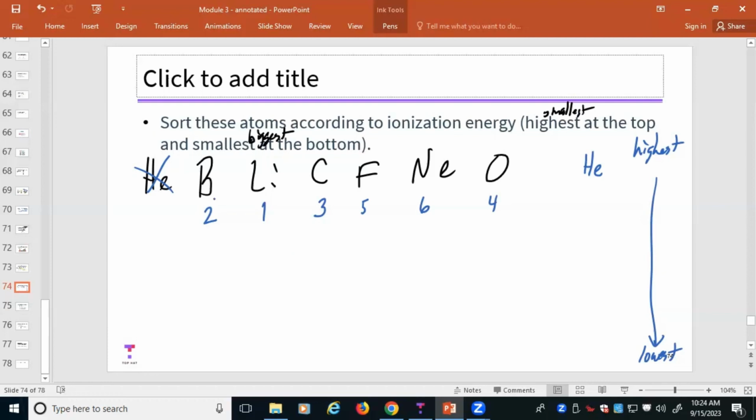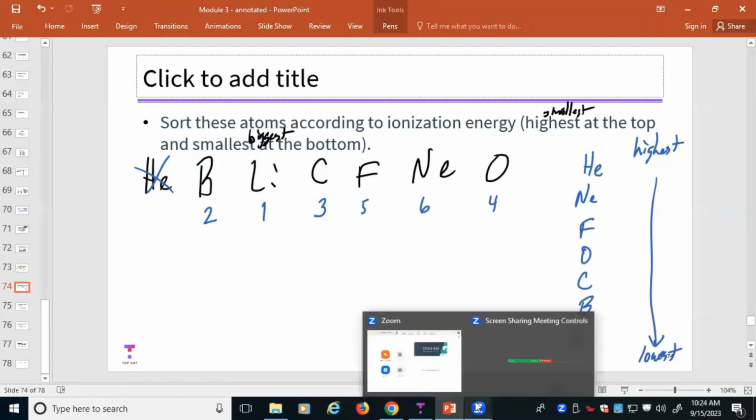So I just need to put these in reverse order. So that means that the neon would be the next one, then the fluorine, then the oxygen, then the carbon, then the boron, then the lithium. That would be the correct order.